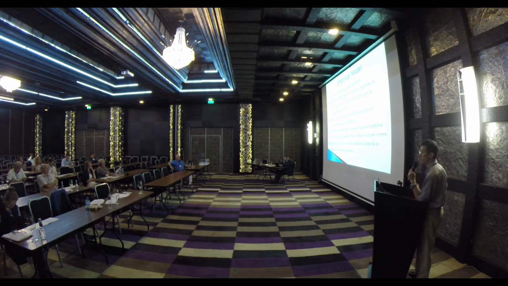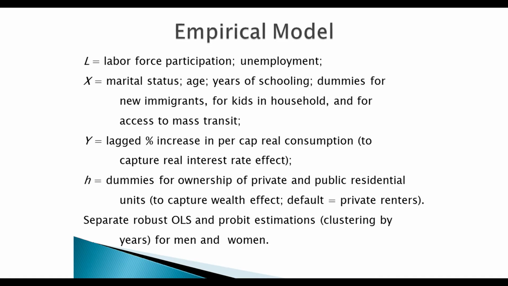We have two outcome variables to capture the labor market performance: labor force participation and unemployment. And the personal characteristics, all the usual suspects that would affect labor supply behavior.